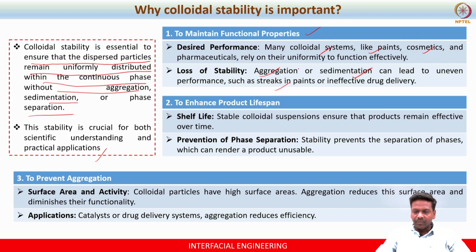The loss of stability is what matters here. Then shelf life: if you want to improve the shelf life of the product, one has to avoid this aggregation and all those things. And prevention of phase separation is also very important from the perspective of the finished product.